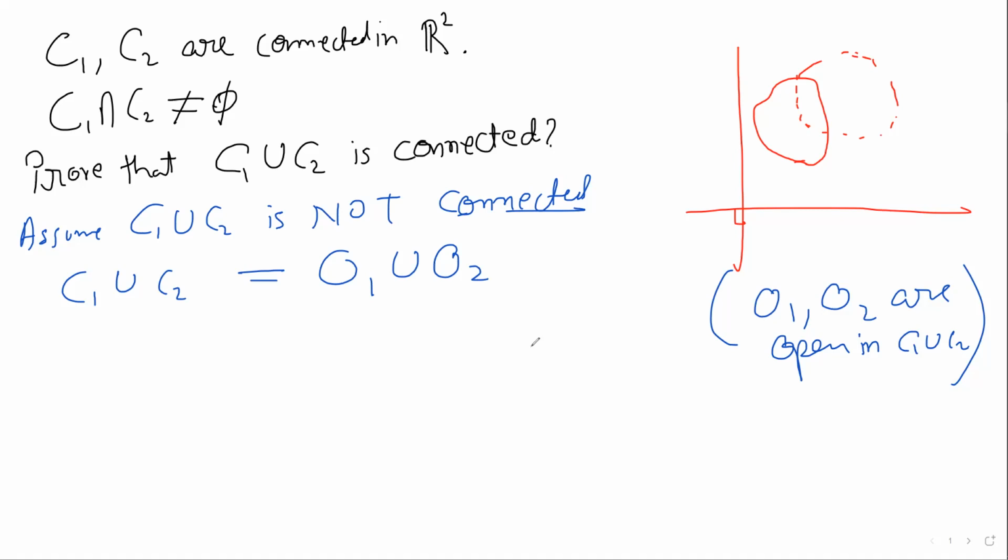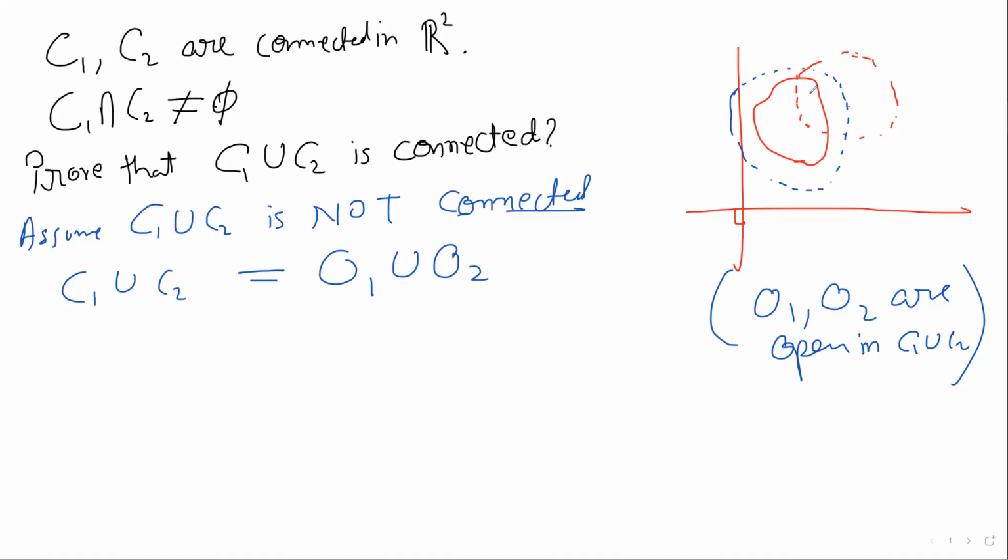Okay. So basically the idea is to use this to show that it will break up one of C1 or C2. So maybe O1 completely contains, in the sense, intuitively I'm drawing a bigger one.